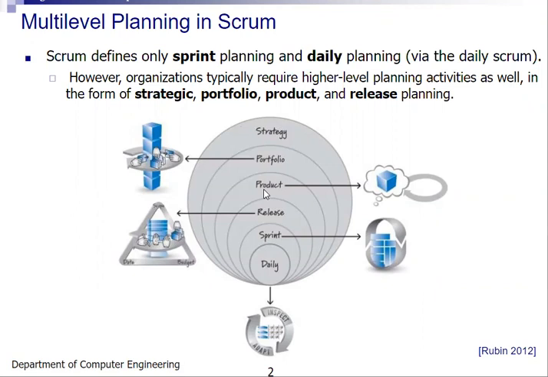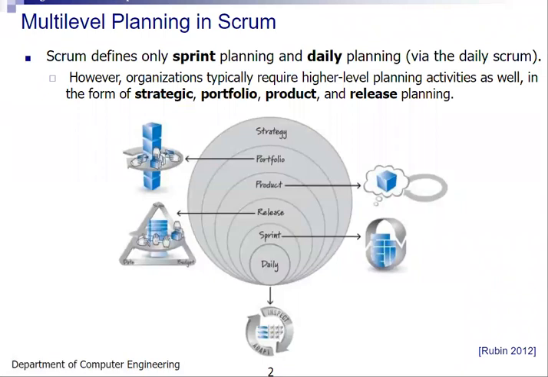Product planning is where, whenever you have been assigned a particular product development from the portfolio, you do envisioning. What do we mean by envisioning? You think about that product: what the scope and objectives are, and what we are expected to do in this particular product.